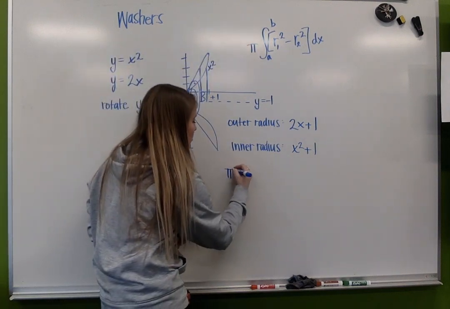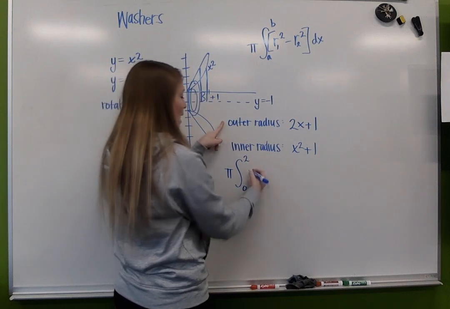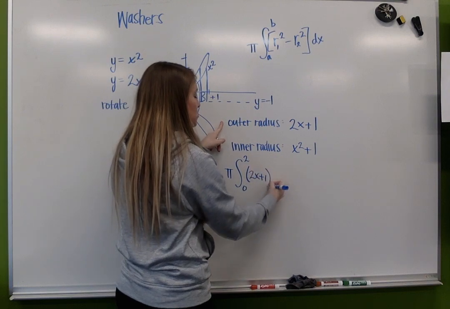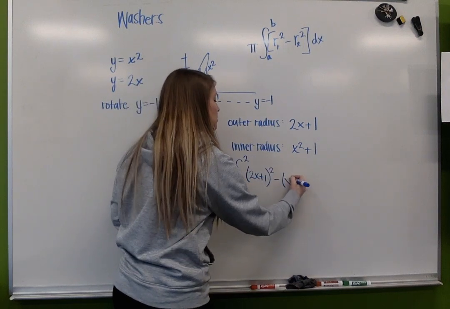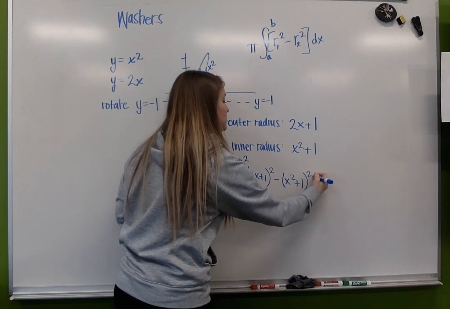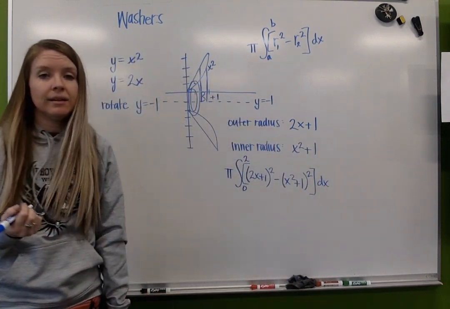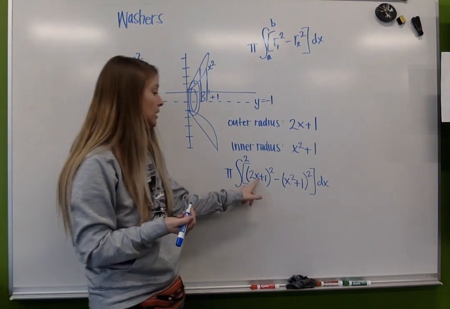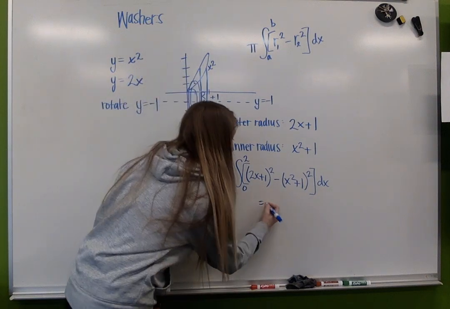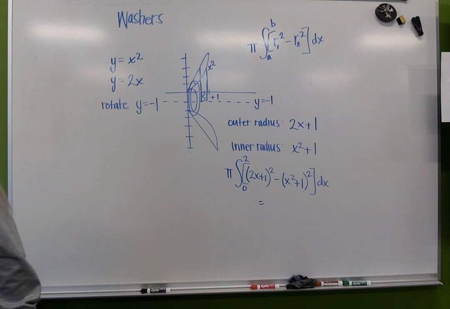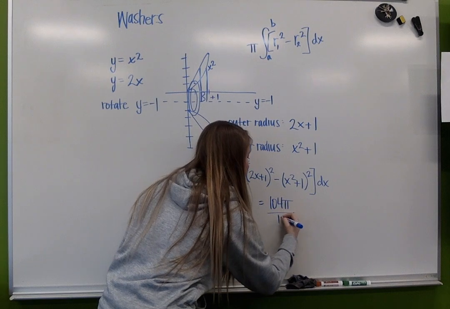So, this is going to be the integral times pi from 0 to 2, outer radius, which is (2x plus 1) squared, minus the inner radius, (x squared plus 1) squared. Give it a little bit of a depth, dx, and I'm ready to solve. Again, I'm going to FOIL, combine like terms, and here I end up with the solution 104 pi over 15.